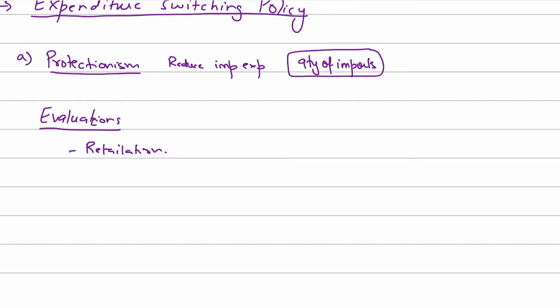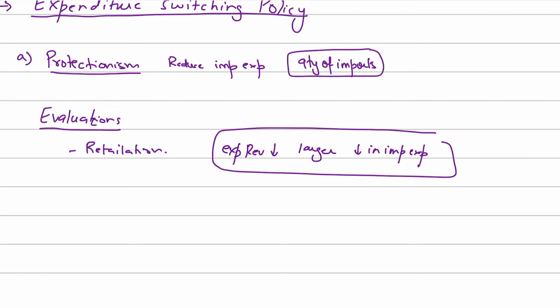So what I'm trying to say is that if they impose protectionism back on us, and that is much stronger, it could reduce our country's export revenues by a significantly larger amount than the reduction in import expenditures. And what will happen if our export revenues fall by a significantly larger amount than the reduction in import expenditures?